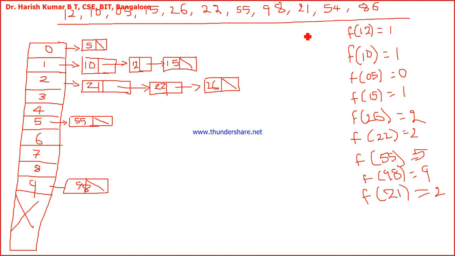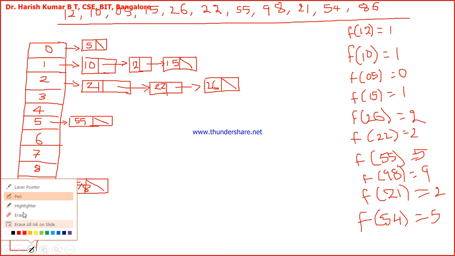So after 21 we have 54. So I'll find the hash value for 54. I'm getting it as 5. This 54 gets inserted into the list which has the key value 5. So this is 55. So 54 should be inserted before 55.